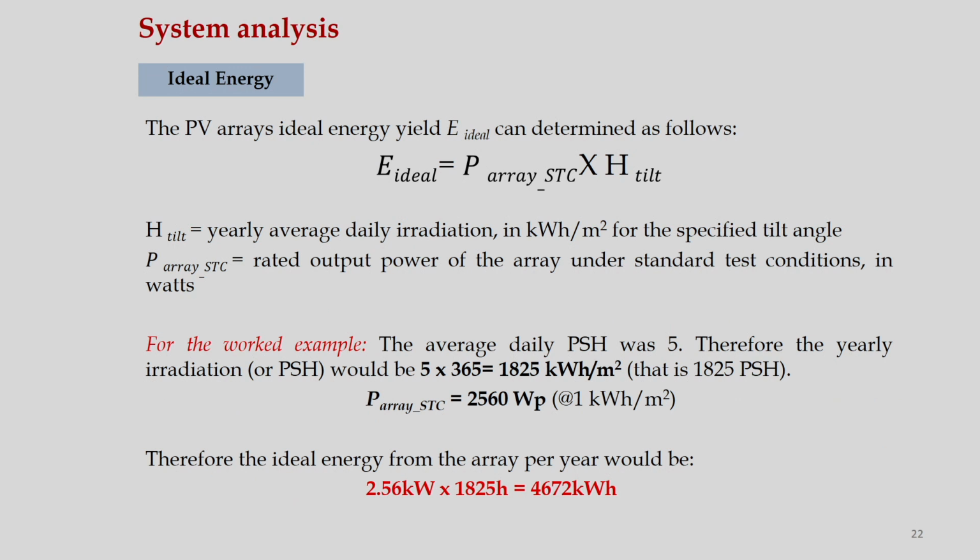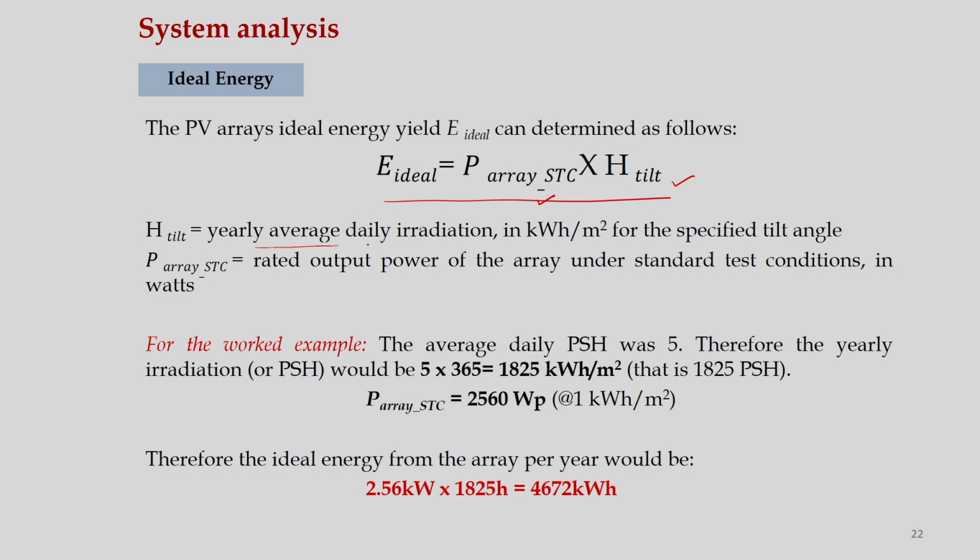Now, let us calculate the ideal energy, that is the PV array ideal energy yield, which can be determined by using this expression. So, P array STC is known to us because we know the rating, and then H tilt. What is H tilt?